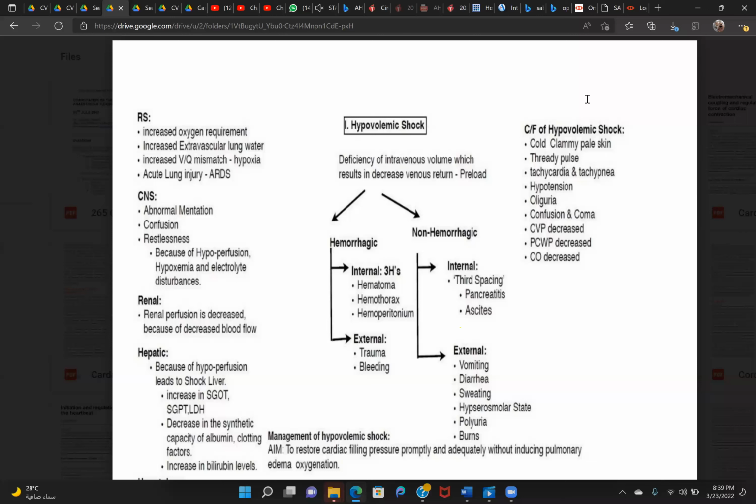Now you see, when we understand, it is very easy to evaluate ourselves. This is how we should be thinking: there will be some symptoms and some signs, and if you see a patient in this scenario, you anticipate that the patient is going down.